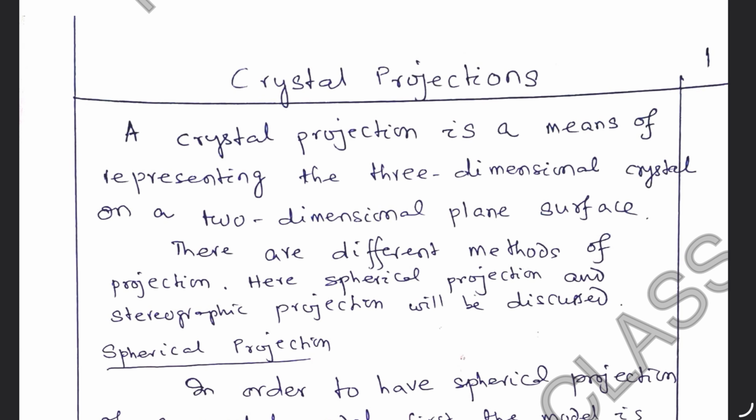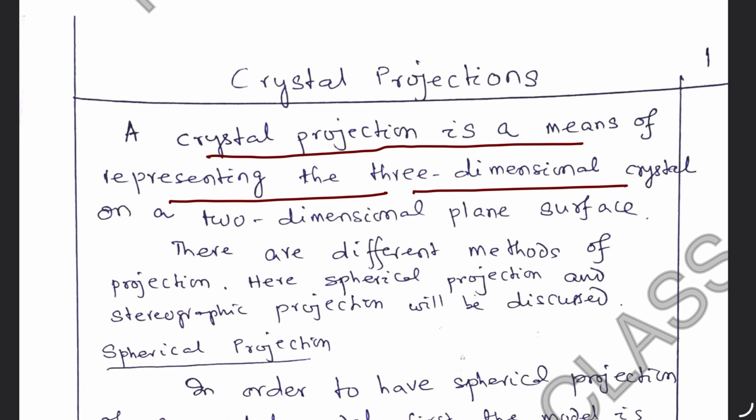So, a crystal projection is a means of representing three-dimensional crystals on a two-dimensional plane. We have crystals which are three-dimensional, but to represent them in a two-dimensional plane, we adopt certain methods, and that is called crystal projections.